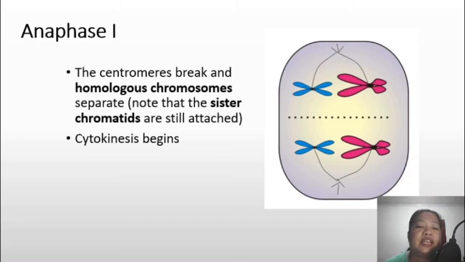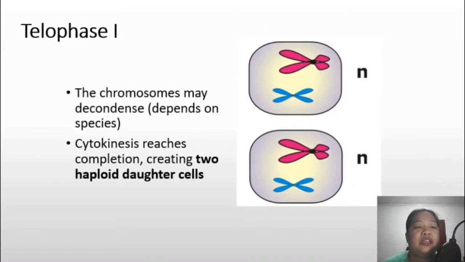Cytokinesis begins. At this first stage of meiosis 1, the chromosomes are not yet haploid, so they are still diploid. In telophase, the chromosomes may decondense and the nuclear envelope may re-form, depending on the species. Then cytokinesis reaches completion, creating 2 haploid daughter cells.